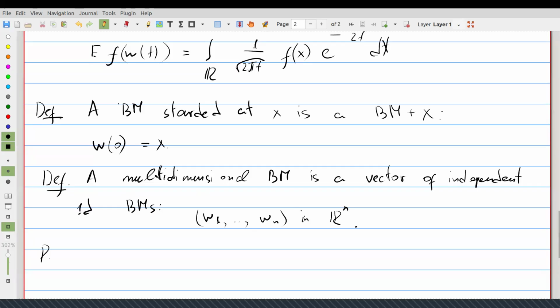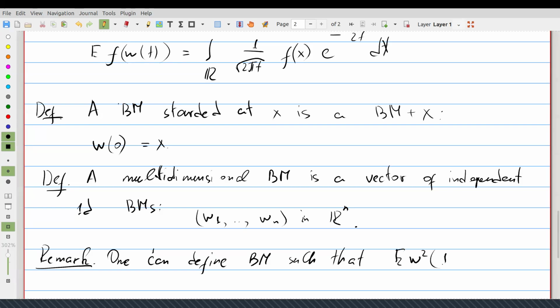Sometimes people call all these objects standard Brownian motions, and one can define Brownian motion such that, say, the mathematical expectation of W squared at 1 is sigma squared. So the variance is not 1 at 1, but sigma squared.